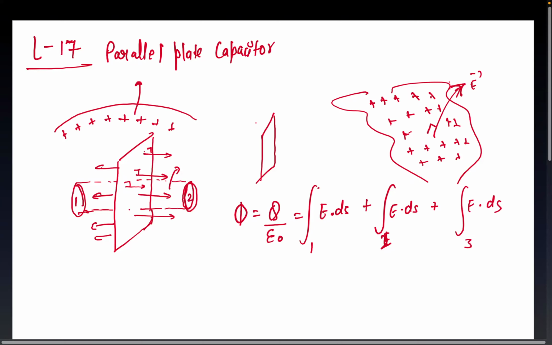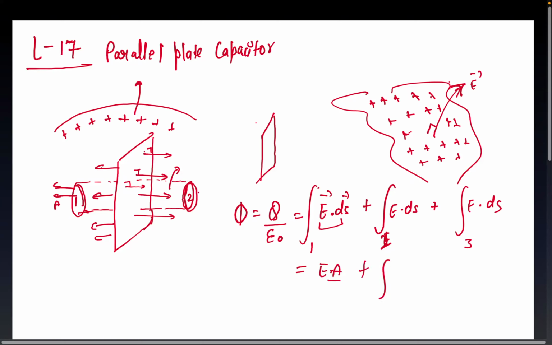Let's talk about the first surface. Here at the first surface, this is the area and this is the electric field. You can see E and ds are on the same side, so the angle is 0. So it comes out as the electric field times the surface area; for now, I'm just calling it area.